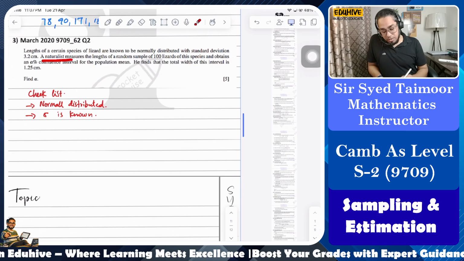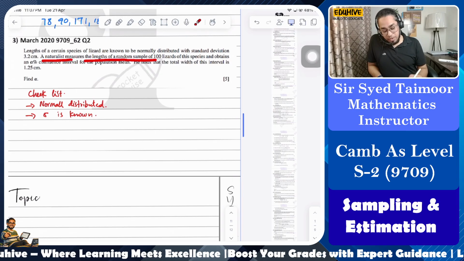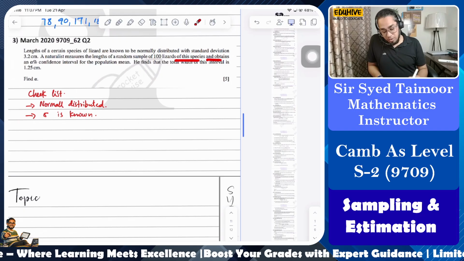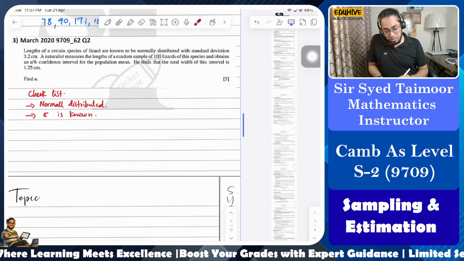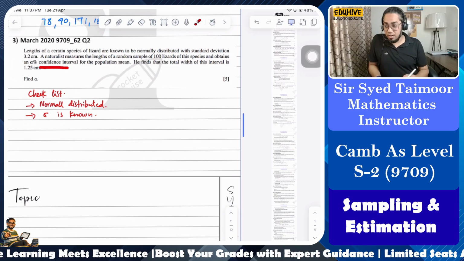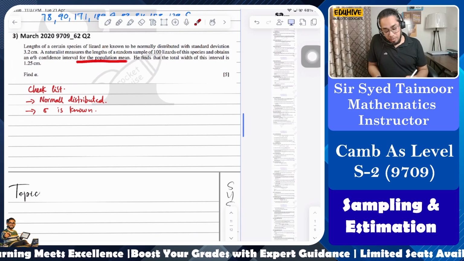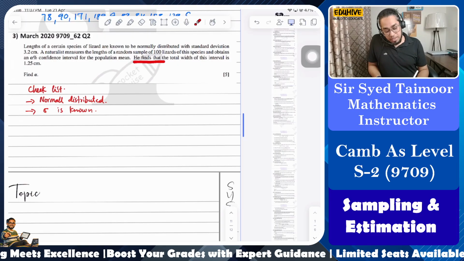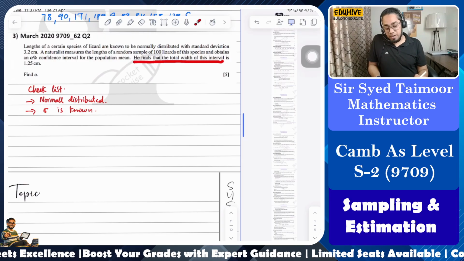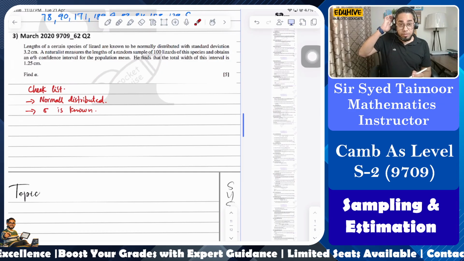A naturalist measures the length of a random sample of 100 lizards of the species and obtains an alpha percent confidence interval for the population mean. He finds that the total width of this interval is exactly 1.25 centimeter.